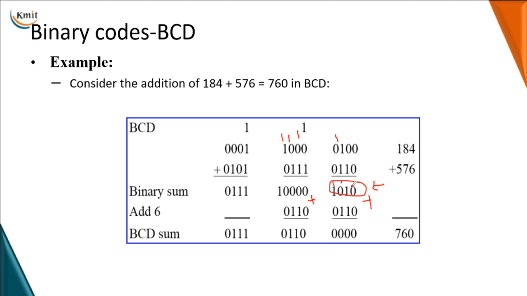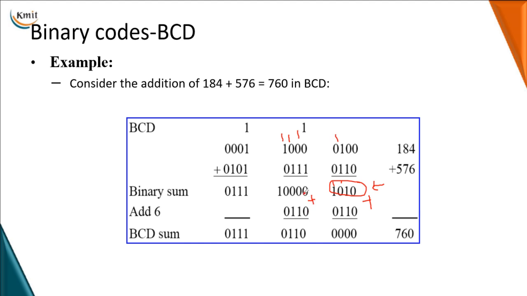So if your binary summation exceeds 9, correct it with the addition of 6, or if a carry is forwarded from the lower significant position to the next upper significant position, there also we need to correct that with the addition of 6.